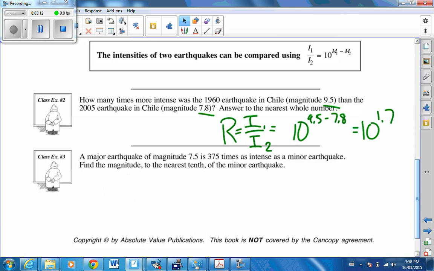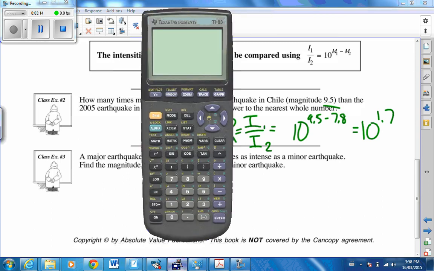And I don't know that off the top of my head, but my handy-dandy calculator sure does. So 10 to the exponent of 1.7, 50.1. So it's 50 times more intense.